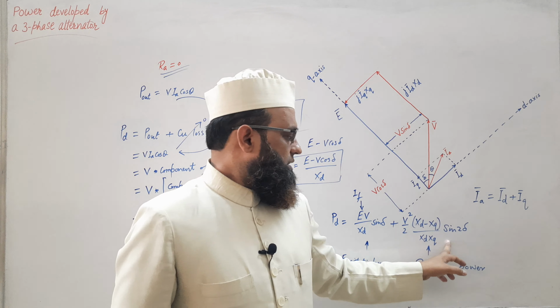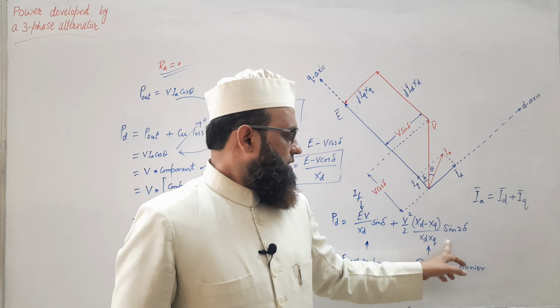This power exists due to this difference. We know it very well, what is Xd, what is Xq: direct axis reactance and quadrature axis reactance. So, in case of salient pole machine, we know that the air gap is not uniform throughout.